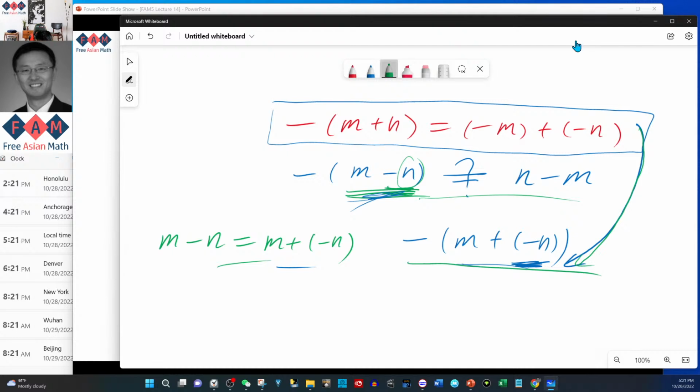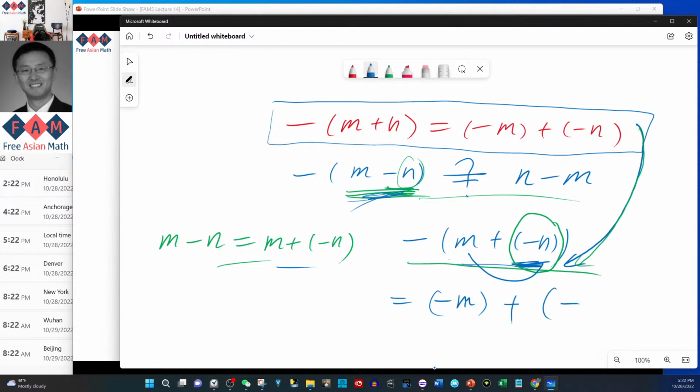So we will just look at this one as a whole. The theorem we just proved already told us that when you add two numbers up and then take the negation, the negation of the sum is the sum of the negations. So this is truly taking the negation of the first one, that's negative m, plus the negation of the second.